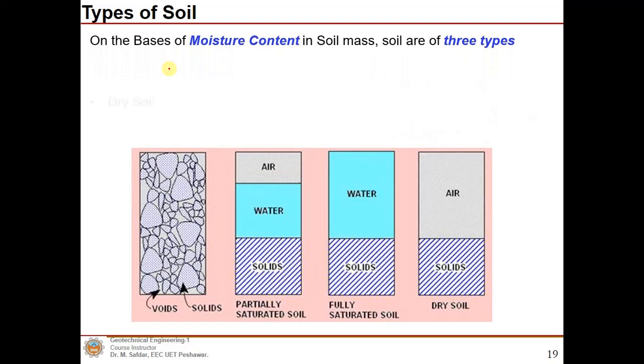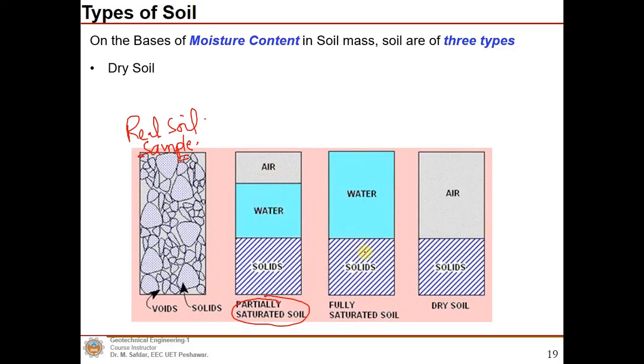Now, if you want to classify different types of soil based upon the moisture content, this is a real soil sample, and in a three-phase system this is a partially saturated soil. In a fully saturated soil, the voids are filled with water.